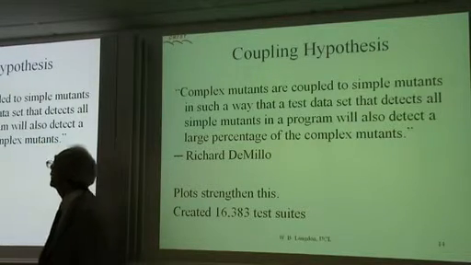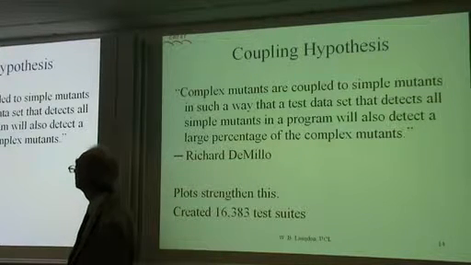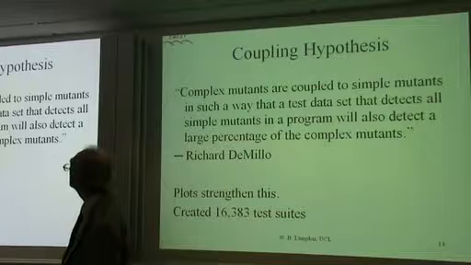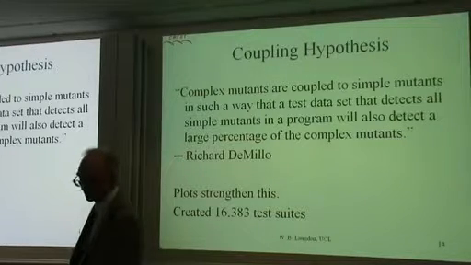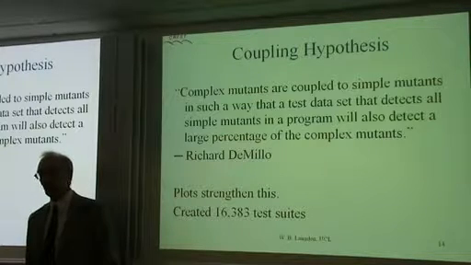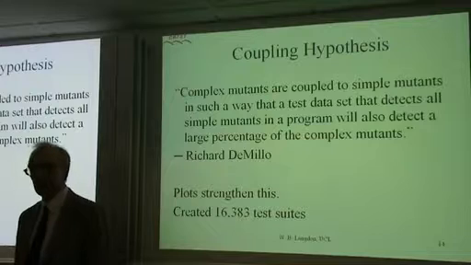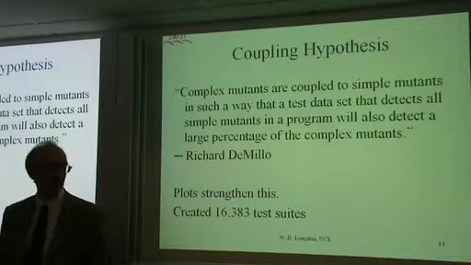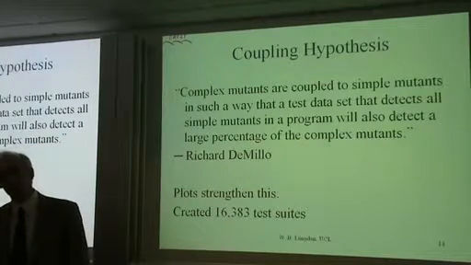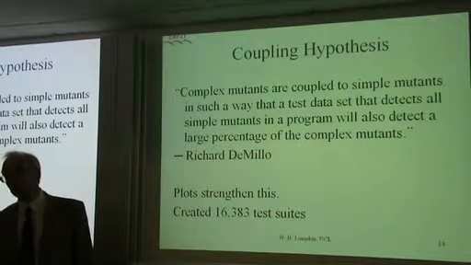So this is a little diversion. This is a quote from DeMillo's 89 paper, talking about complex mutants, which we're taking here to mean higher order. You're saying that if you can detect all of the low order, so in our case single order mutants, then you should be able to detect, he says, a large percentage of complex mutants.